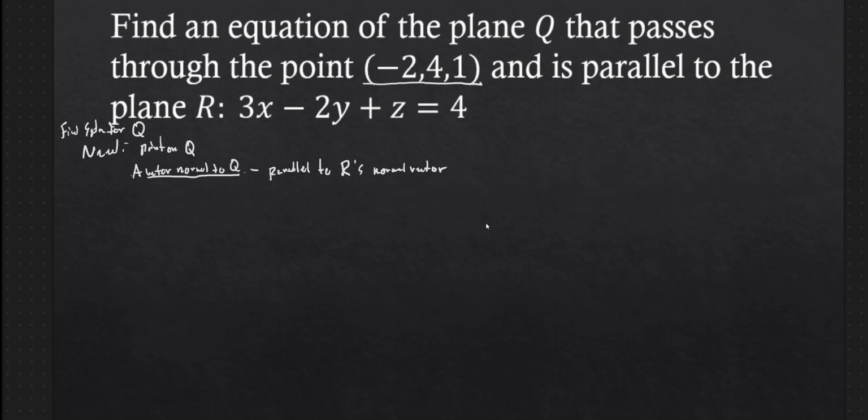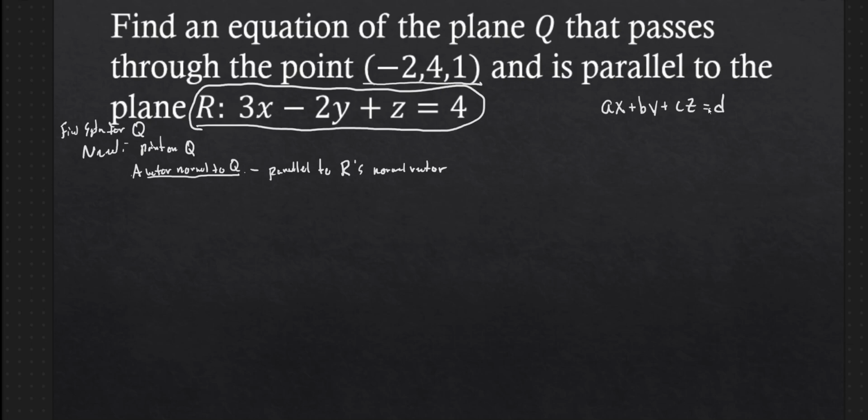And we'll be able to get our equation. All right, so one thing we haven't directly talked about yet is, given an equation of a plane like this, how can we pick out the normal vector? Remember the form of any plane looks like ax plus by plus cz equal to d, where our normal vector n is a, b, c, and this d represents the dot product of a normal vector with a point that's on the plane.